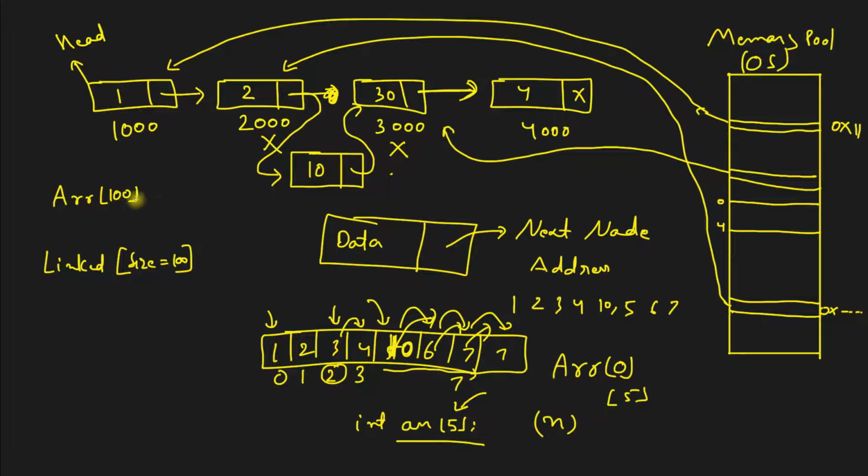So what do you think? Which one is actually occupying more memory space? Actually this one. Why? Because in a linked list, one node contains two pieces of information, data plus next, whereas in this array you have only the data part. You don't actually store what your next is, but here you end up storing it.